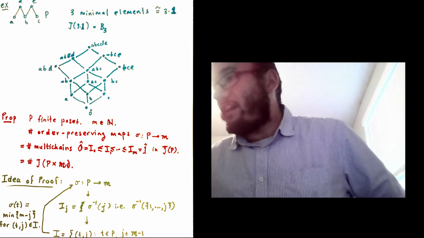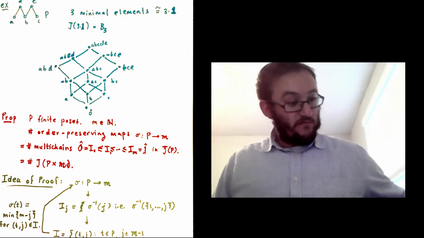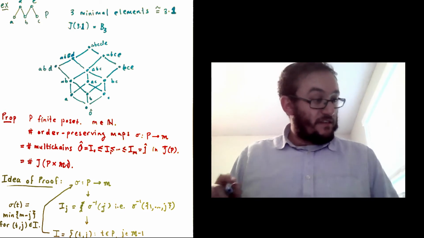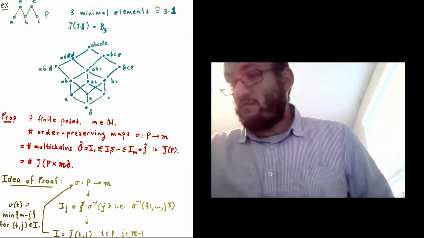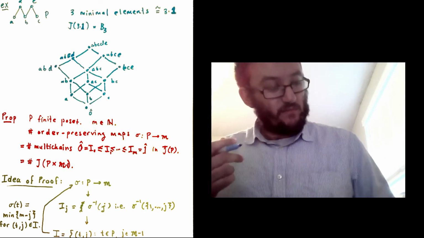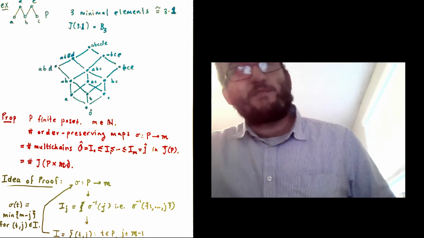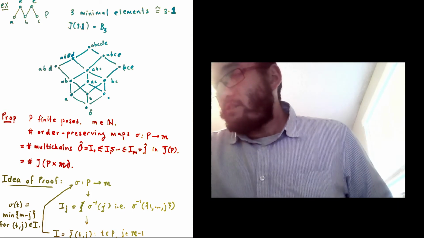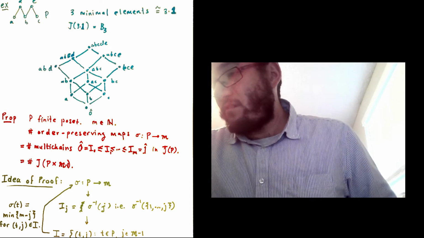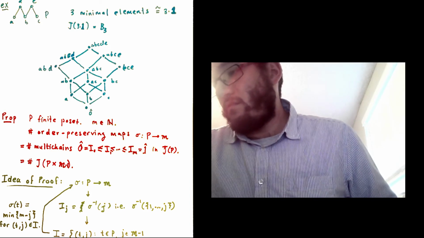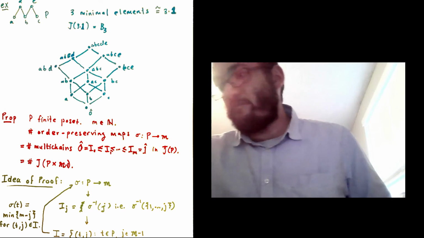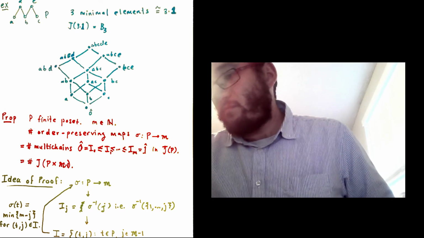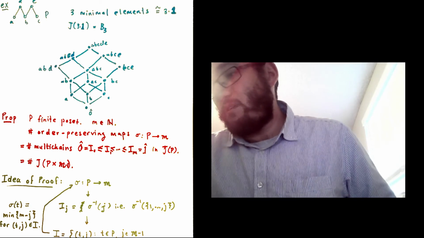The example that I think Stanley uses is this large zigzag. I'll use a slightly smaller zigzag because I don't want to do as much work. So if we have this poset, this is our P, we label the elements A, B, C, D, E.